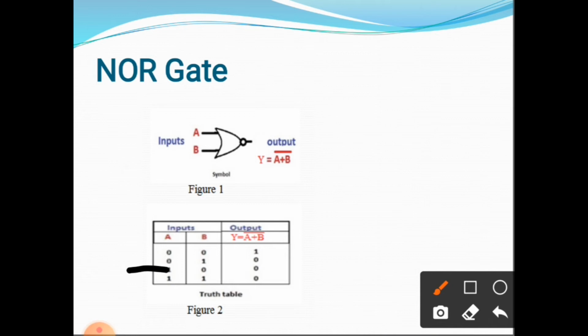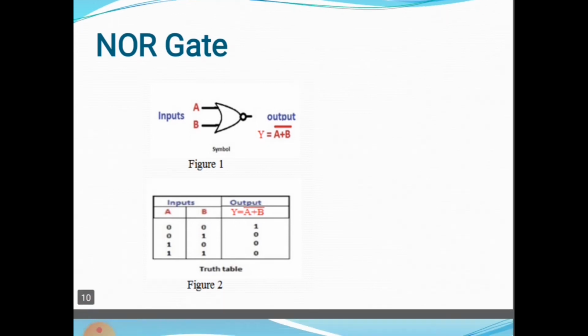When we give the last condition, A equals 1 and B equals 1, then output will be 0. That means your NOR gate can be defined as the output is high if and only if all the inputs are low. That is your NOR gate.